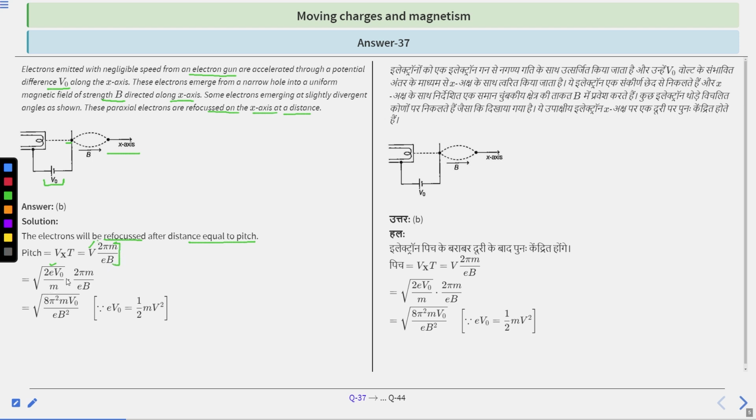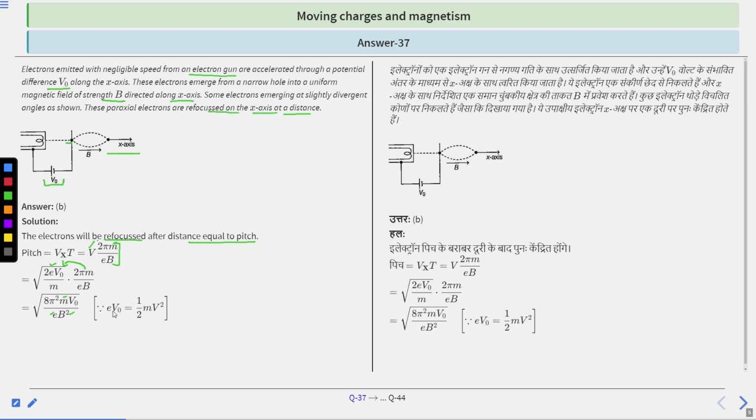You will get under root 8 pi square m V naught divided by eB square, because this 2 whole square becomes 4, and 4 into 2 is 8, and pi square. When these terms go into the square root, m square and m cancel out, so the remaining term is m V naught and e square. e and e square cancel out, so the remaining is e, and this is B square.